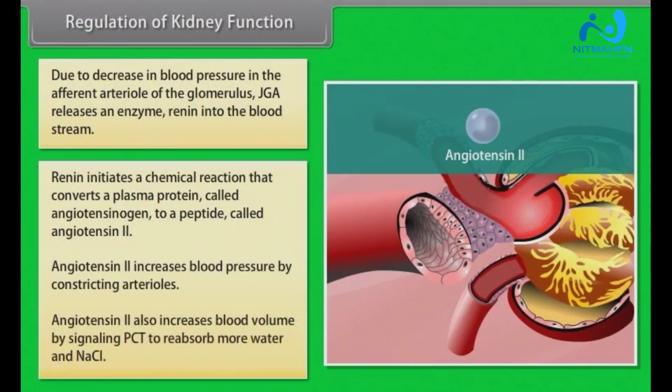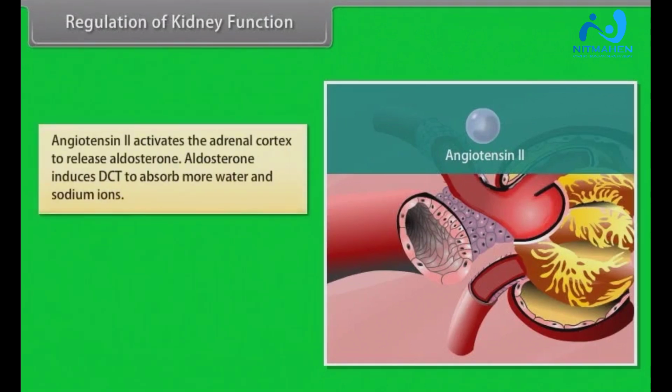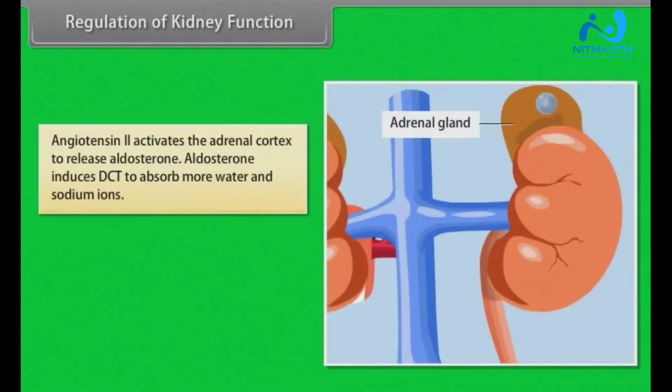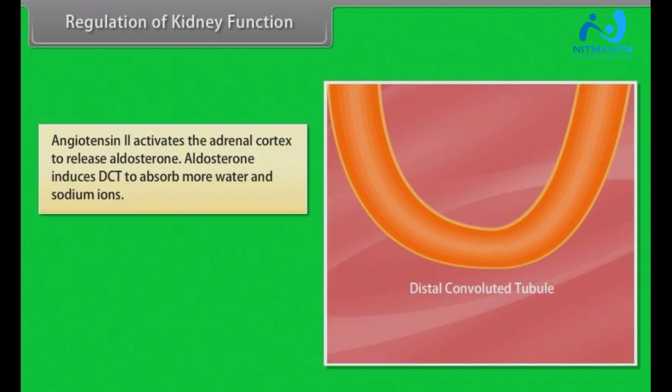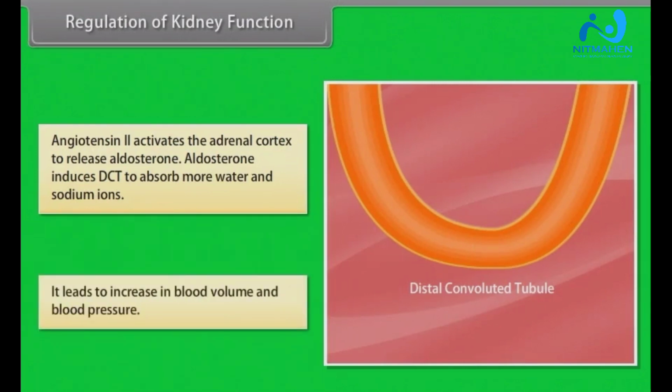Angiotensin II also increases blood volume by signaling the PCT to reabsorb more water and NaCl. Angiotensin II activates the adrenal cortex to release aldosterone. Aldosterone induces the DCT to absorb more water and sodium ions. It leads to an increase in blood volume and blood pressure.